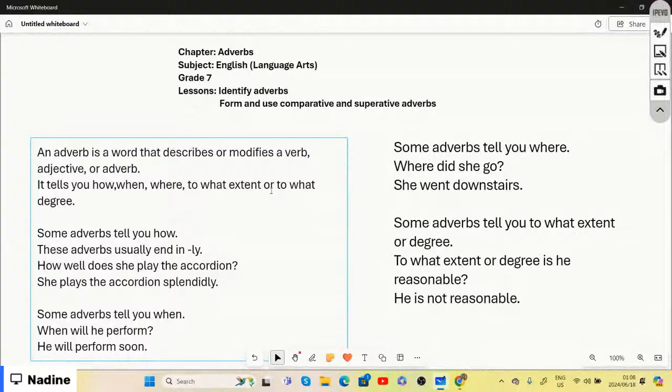Some adverbs, they tell us how, right? And some of the adverbs that tell us how usually end in ly.